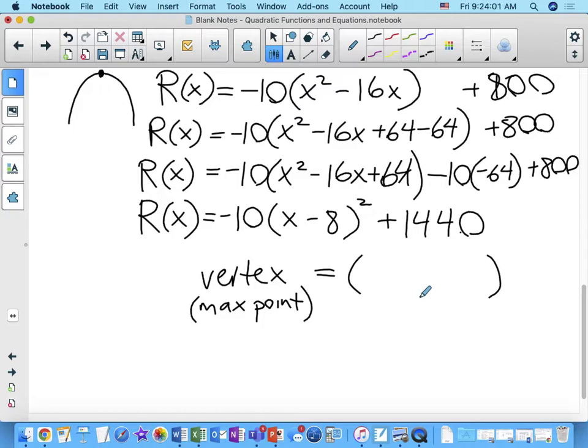What's the x value of the vertex? Yeah, 8. Because the x value of the vertex is the p value. So this is 8. And what's the y value? 1,440, yeah. Okay, now what can we take from this?